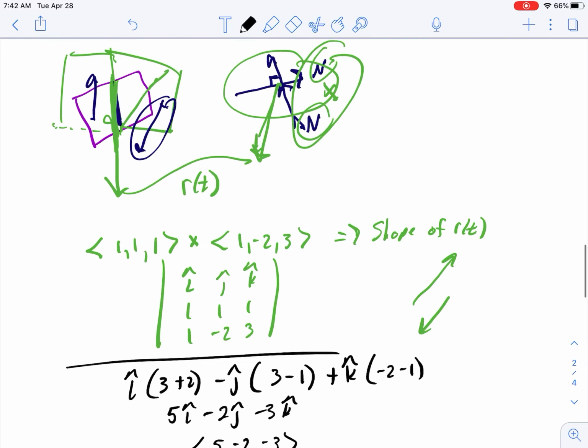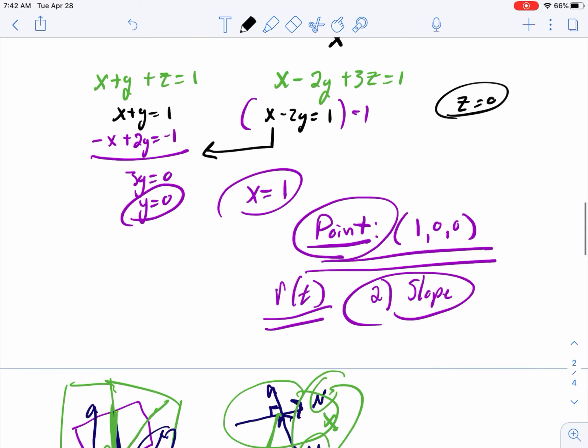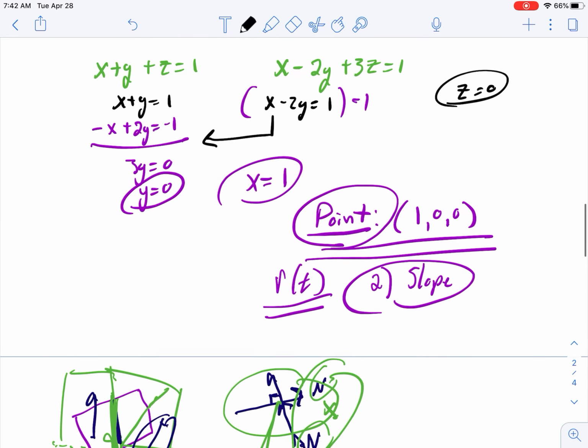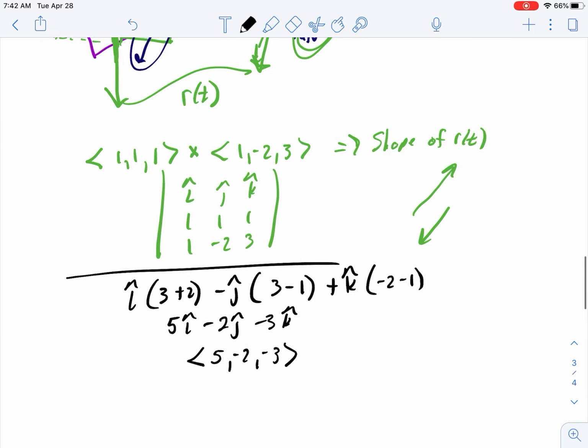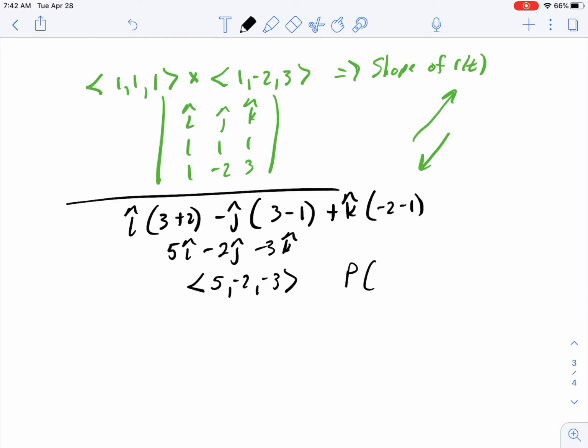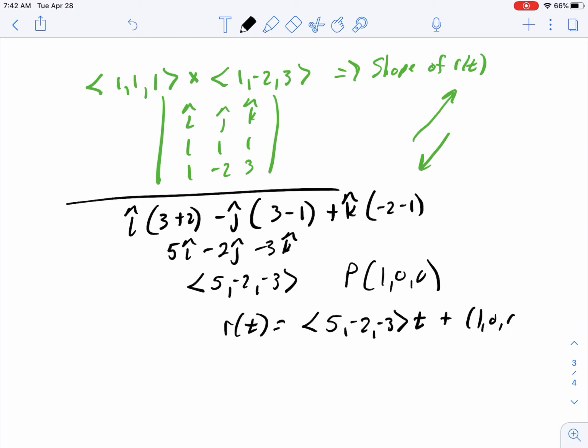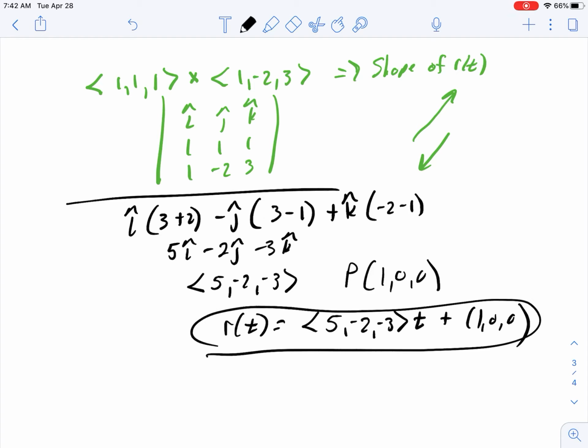And coming back to the point here, hopefully we use the same. My point was 1, 0, 0. So therefore, my equation r(t) is 5, negative 2, negative 3 times t plus 1, 0, 0.